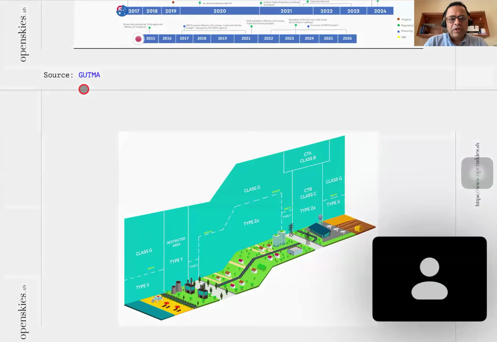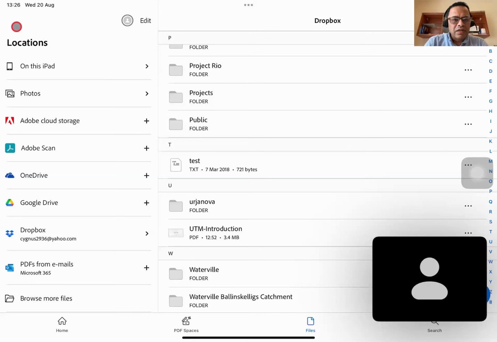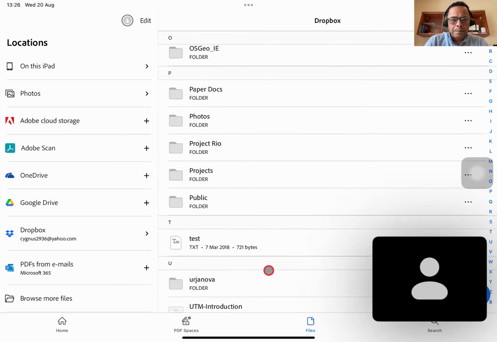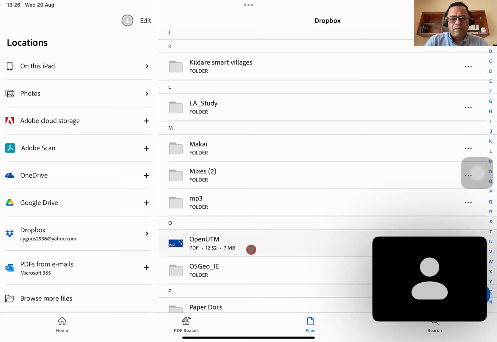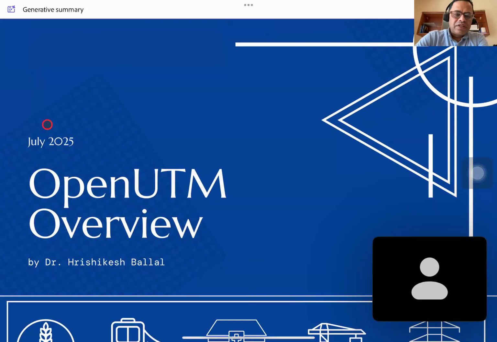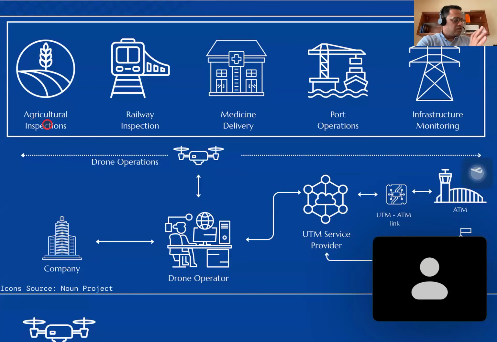Okay, so let's just talk quickly about OpenUTM. Let me just see if I can do this. Yeah. So this is just a presentation that I gave about OpenUTM. So far, the first half I spent covering some of the basics of what UTM is and what it can do.